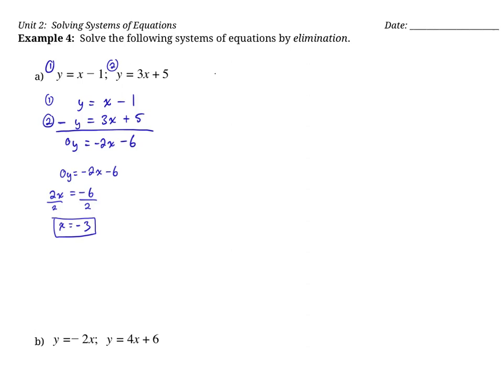Now we just need to plug in that x value that we found, x is equal to -3, into one of our original equations. Now I'm going to do equation 1. It doesn't matter which equation you substitute into, it will give you the same answer. So y is equal to -3 minus 1, and our answer for y is just -4.